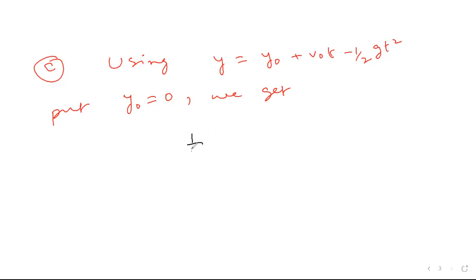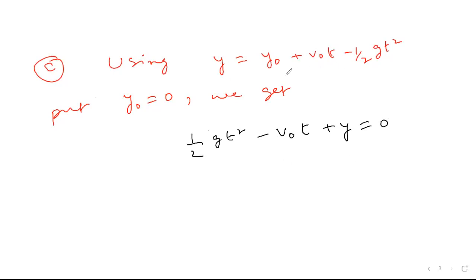We get half gt square minus v naught t plus y is equal to 0.